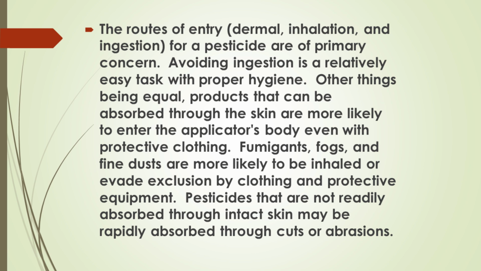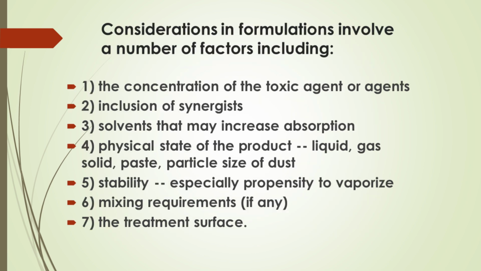Avoiding ingestion is a relatively easy task with proper hygiene. Other things being equal, products that can be absorbed through the skin are more likely to enter the applicator's body, even with protective clothing. Fumigants, fogs, and fine dust are more likely to be inhaled or evade exclusion by clothing and protective equipment. Pesticides that are not readily absorbed through intact skin may be rapidly absorbed through cuts or abrasions.